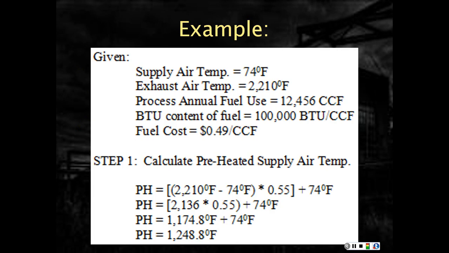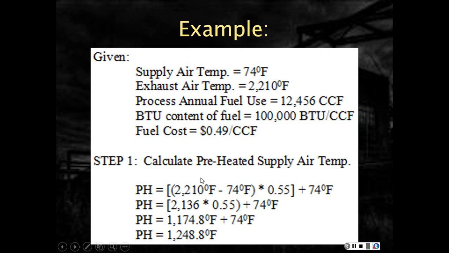So given supply air temp 74, exhaust air temp 2210, process annual fuel use about 12,456 ccf. The fuel content per 100 cubic feet is 100,000 BTUs, and they're paying about 49 cents per ccf.